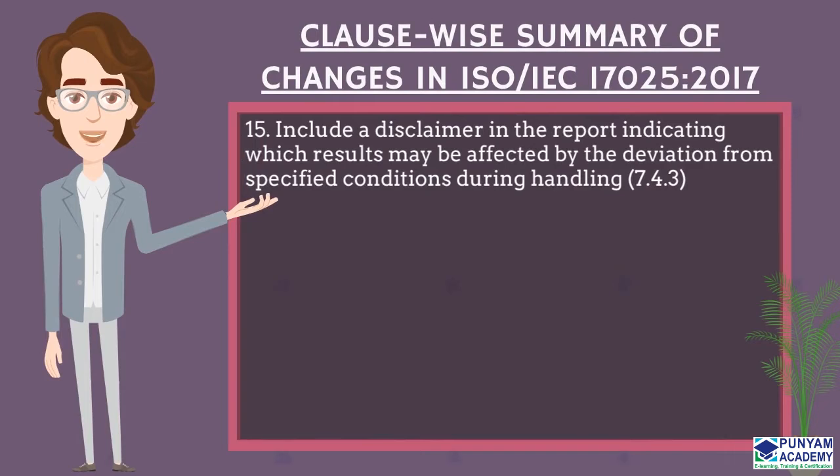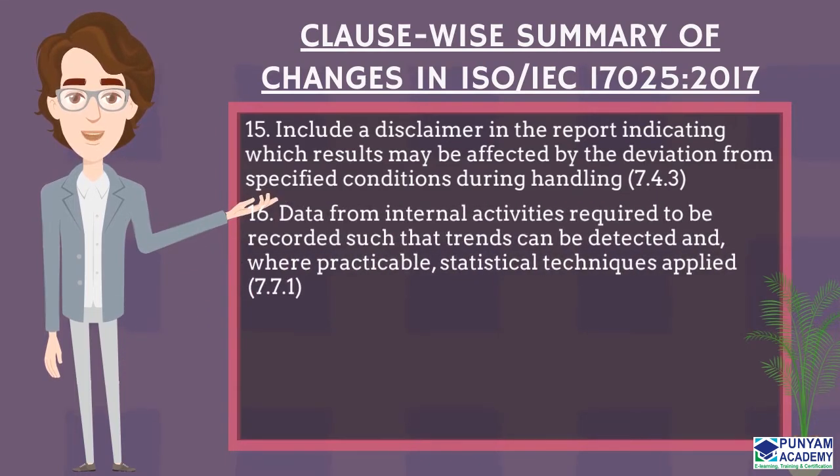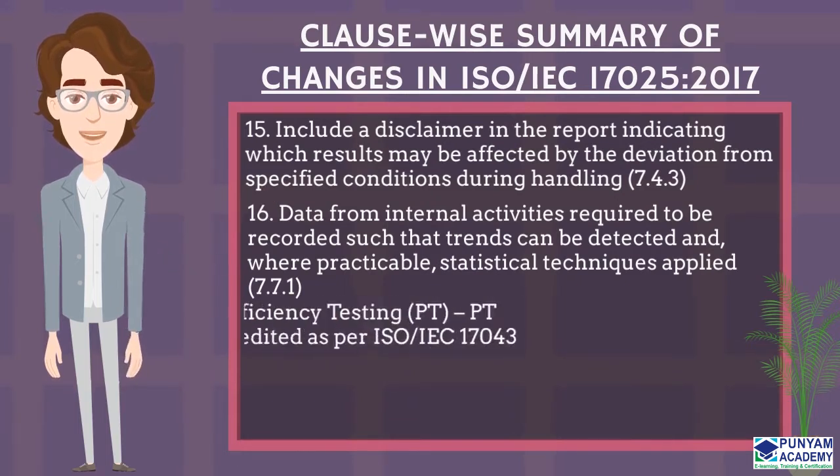15. Include a disclaimer in the report indicating which results may be affected by the deviation from specified conditions during handling in Clause 7.4.3. 16. Data from internal activities required to be recorded such that trends can be detected and, where practicable, statistical techniques applied in Clause 7.7.1. 17.